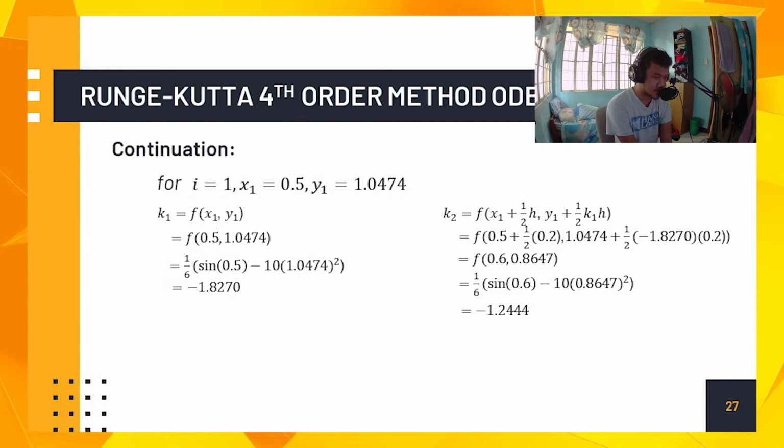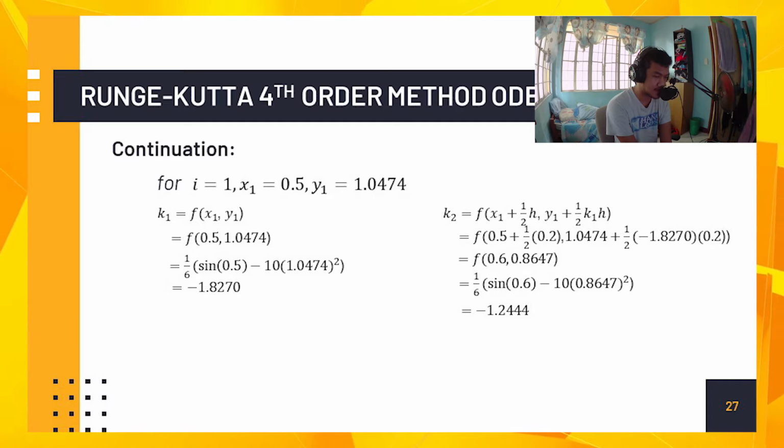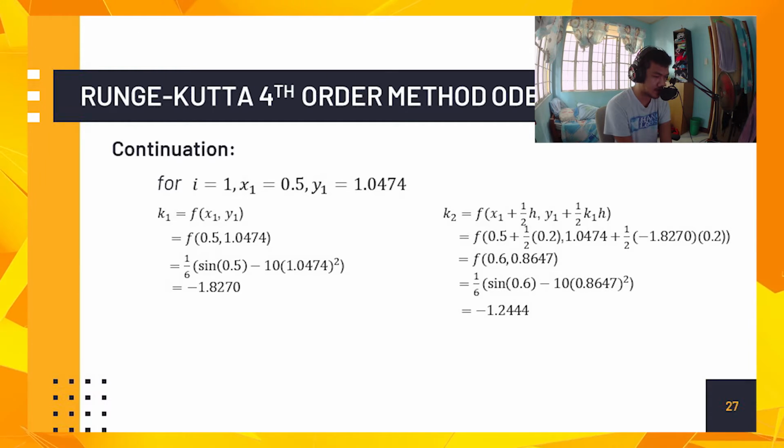That will be equal to f of 0.6 comma 0.8647. That will be equal to 1 over 6 times the quantity of sine 0.6 minus 10 times 0.8647 squared. That is equal to negative 1.2444.